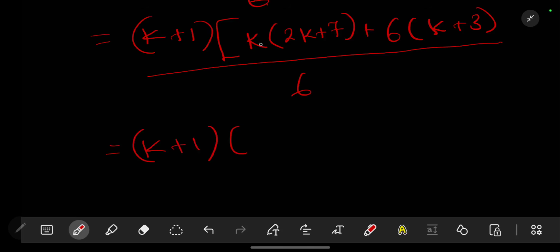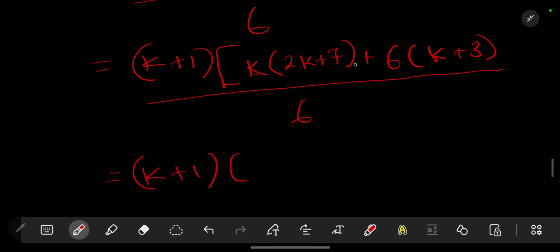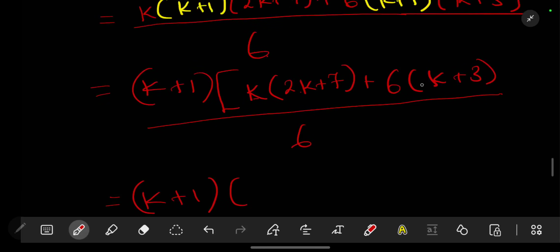Then in the brackets, we have k times k. Unless the brackets were the same, we could have just factorized, but in this case we are forced to expand and factorize.